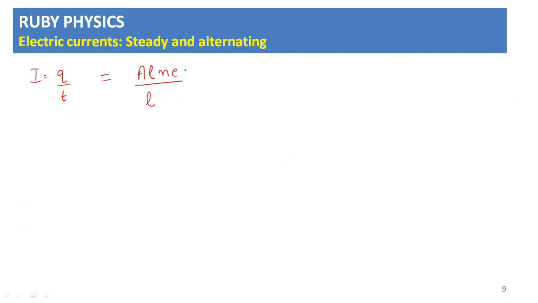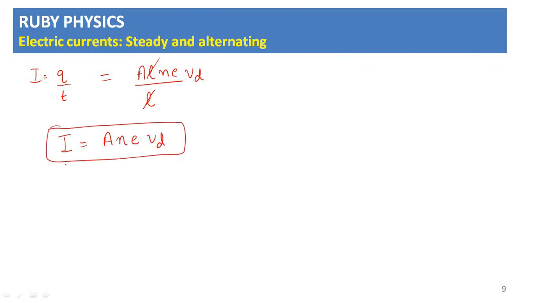So L cancels out and we get the relation I is equal to nAe Vd. This is the relation between the current I and the drift velocity, where A represents the area, n is the electron density, e is the charge of an electron, and Vd is the drift velocity.